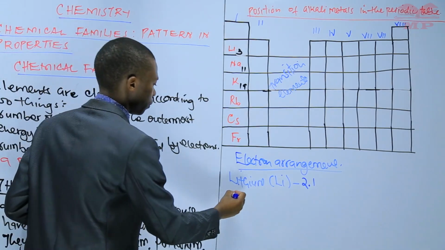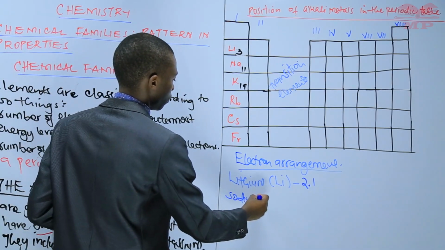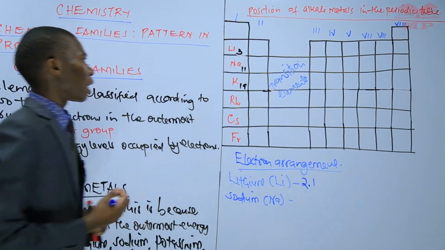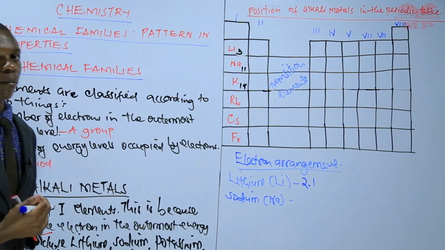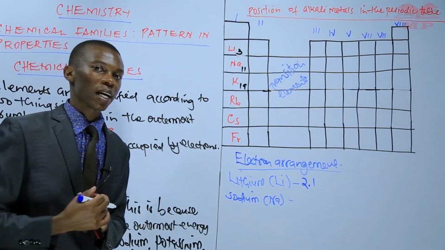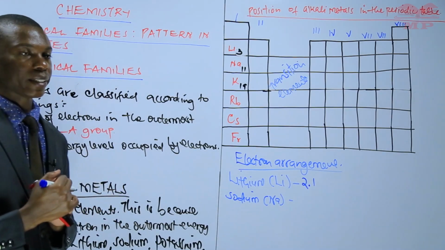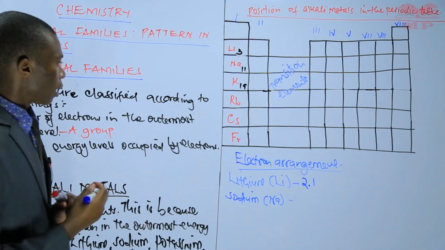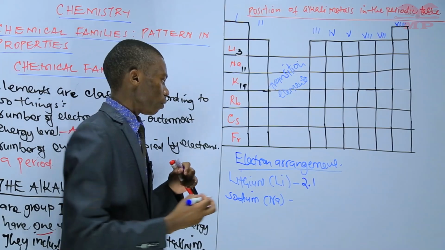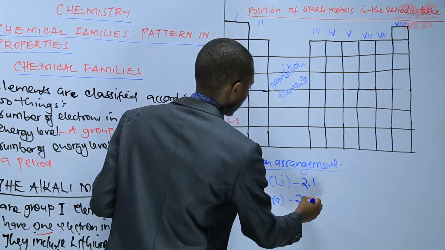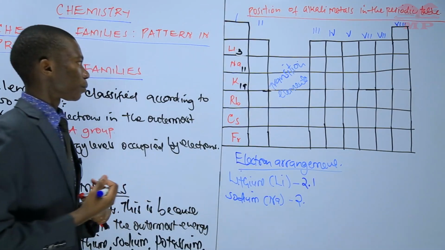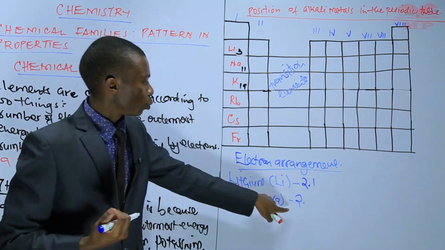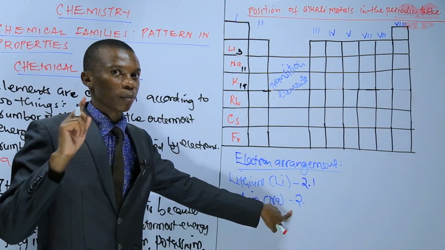Second is sodium. Sodium has atomic number 11, meaning that it has 11 protons and 11 electrons. Therefore, we need to fill the first energy level first. The first energy level will have 2 electrons. 11 minus 2, so there are 9 electrons remaining.